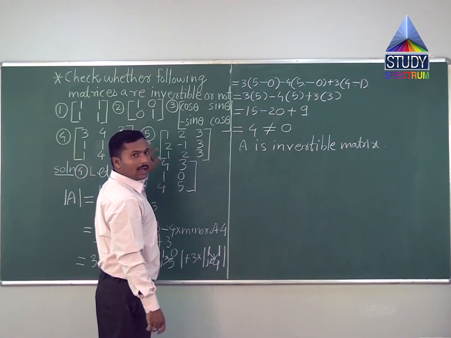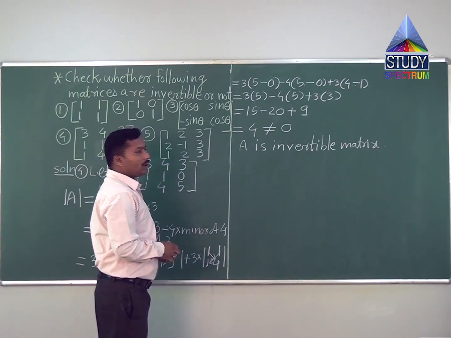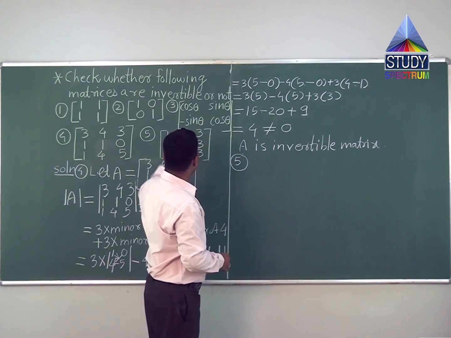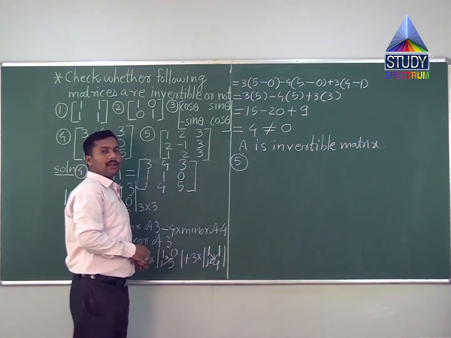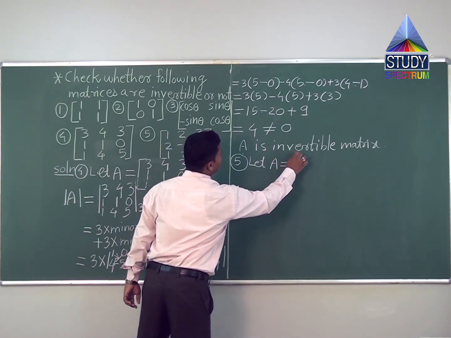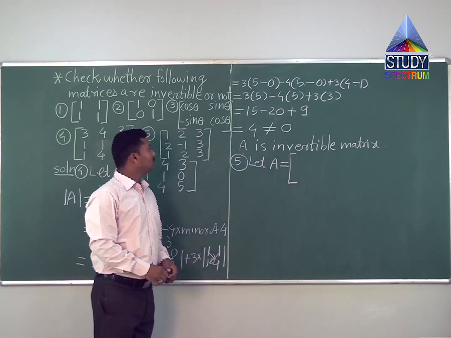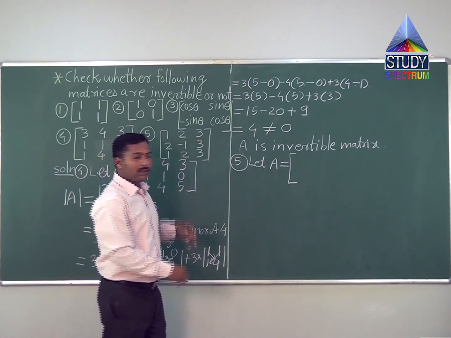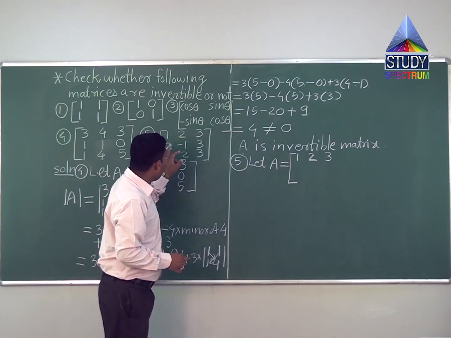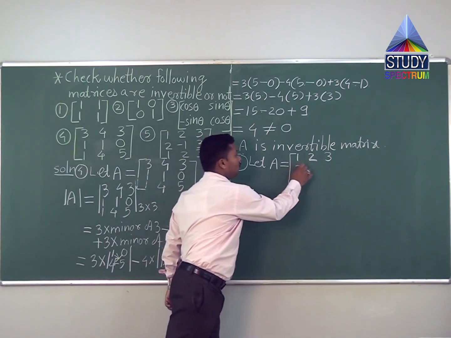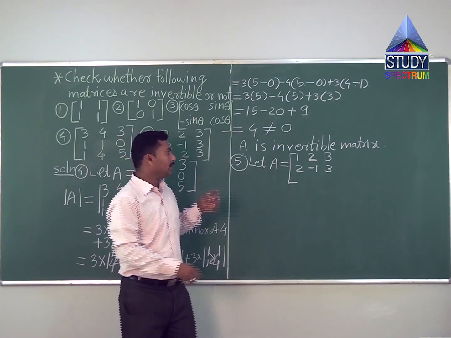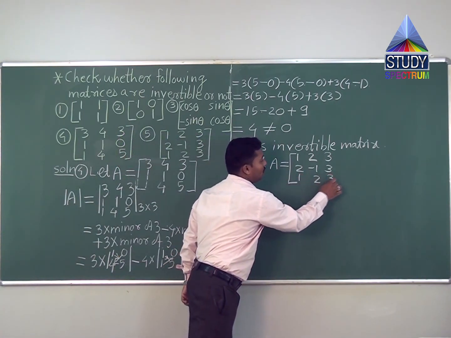Again we discuss the last matrix for invertibility. So again we assume this given matrix as A. Let A equal to the matrix: first row 1 2 3, second row 2 minus 1 3, and last row 1 2 3.